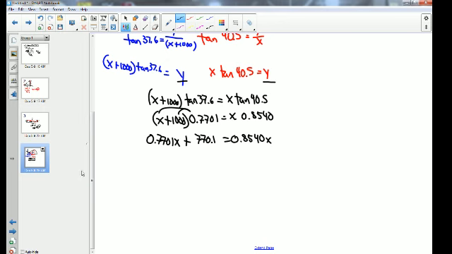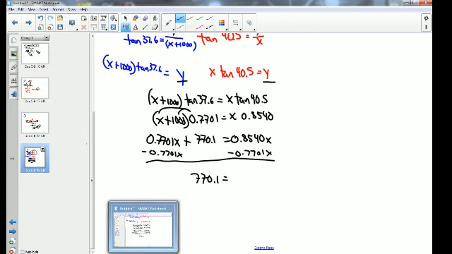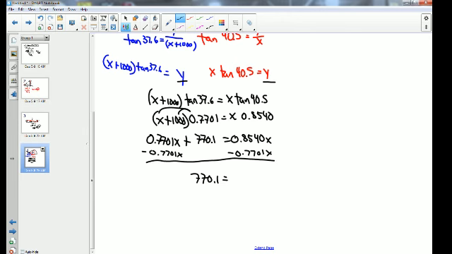Now subtract those two. That is 0.0839, correct? Now divide.